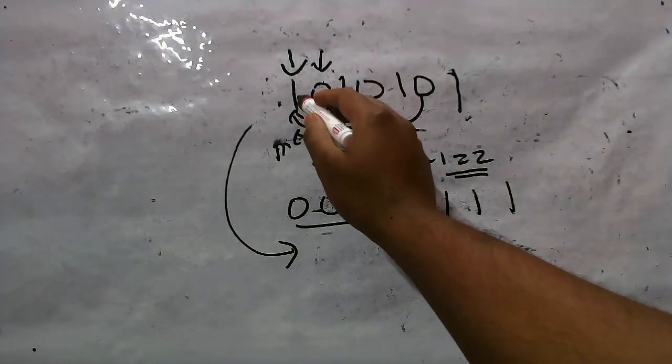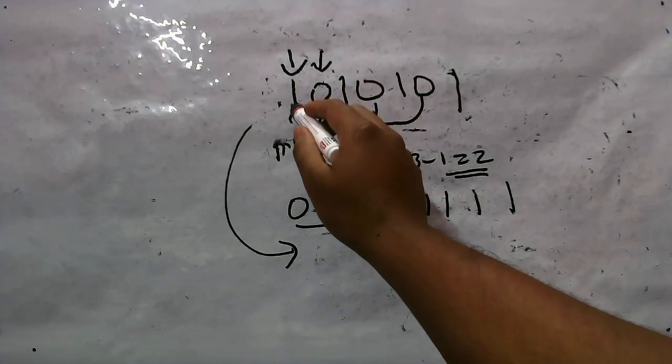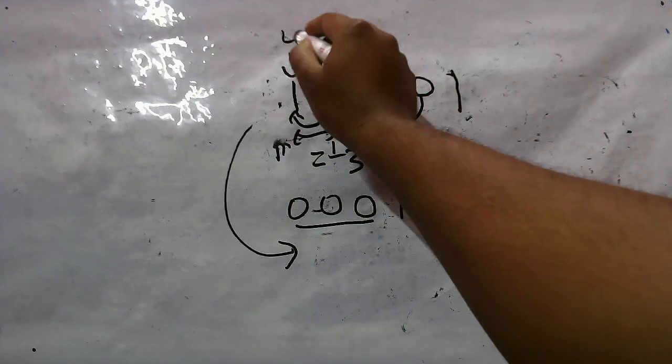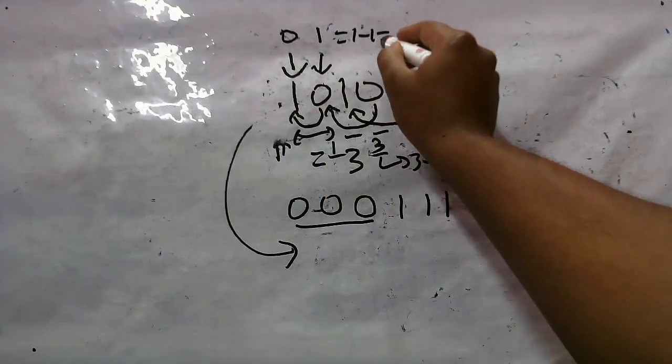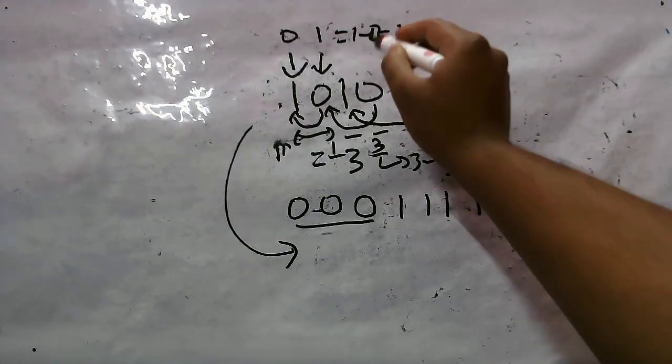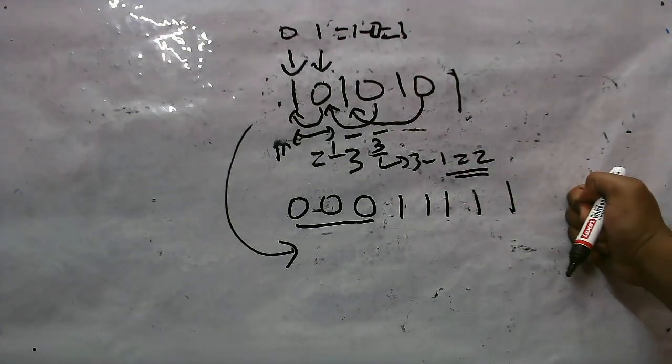Similarly for this one, the difference was 1. This was at index 0 and this one is at index 1, so 1 minus 0 is 1. So we need to add 1 to the result.